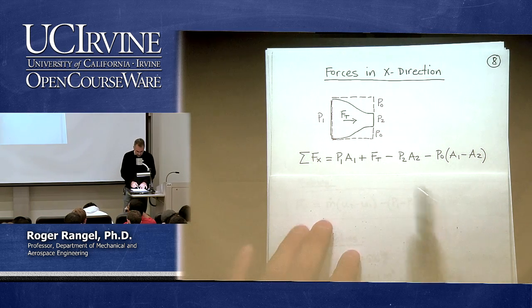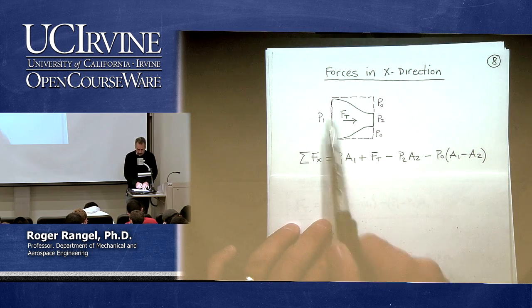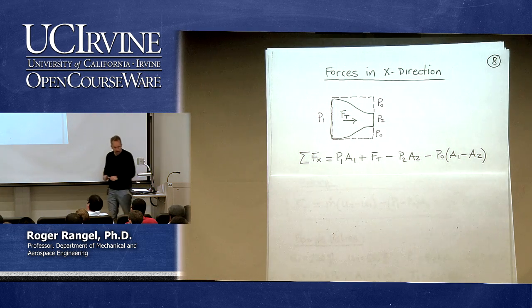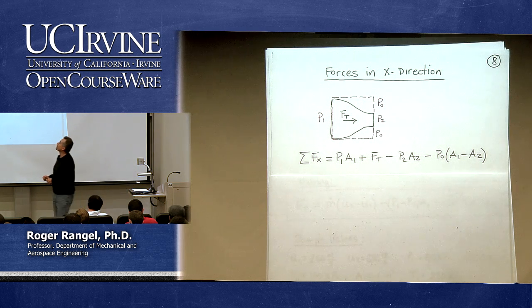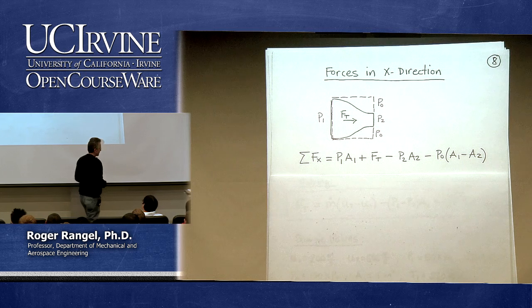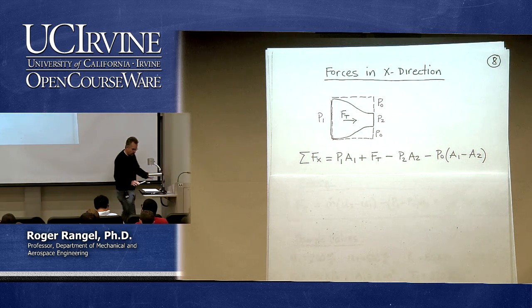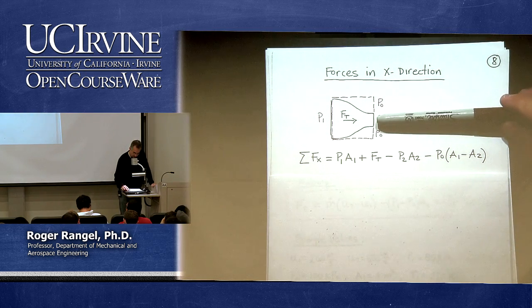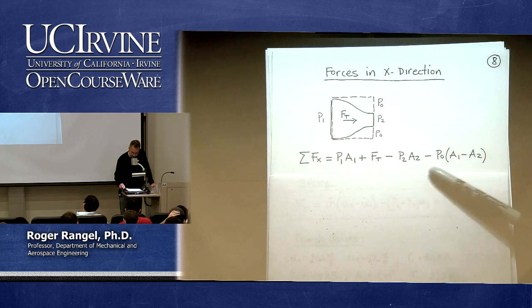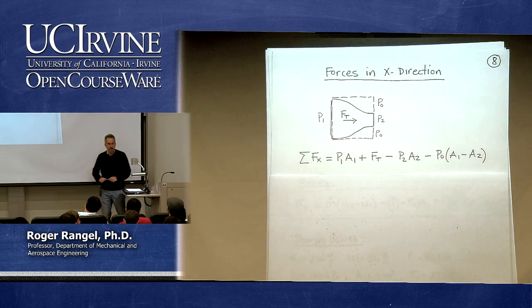And I put it positive because it points to the right, and that's the positive x direction. This one, minus P2A2, is also straightforward. Minus P2A2, because that is the pressure force right here on the outlet, where the area is A2 and the pressure is P2. But what about the last term, minus P naught (A1 minus A2)?